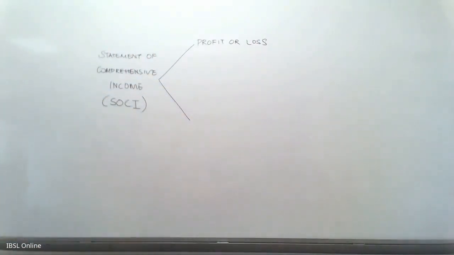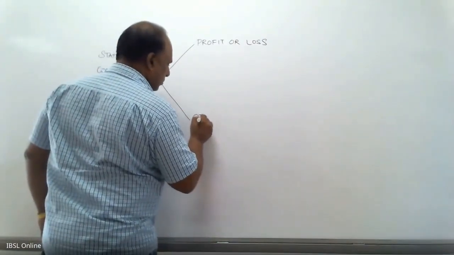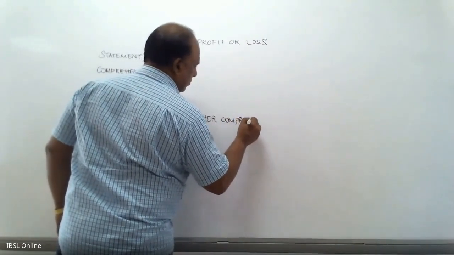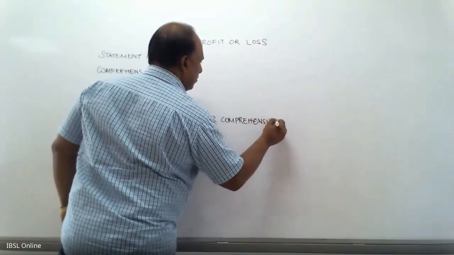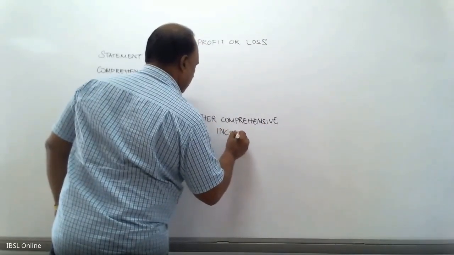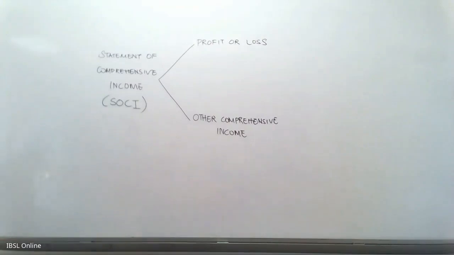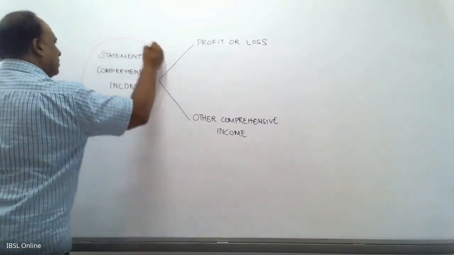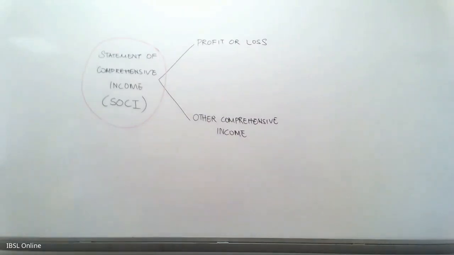Then the other part is other comprehensive income. Now, in your exam question number 1 will be this: requesting you to prepare a statement of comprehensive income. Required to prepare a statement of comprehensive income, and along with that, you will have the statement of financial position as well as the statement of changes in equity.